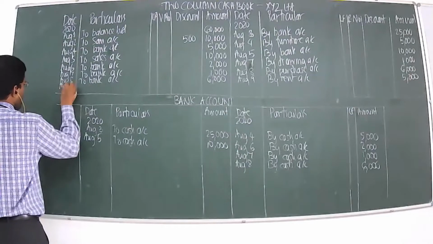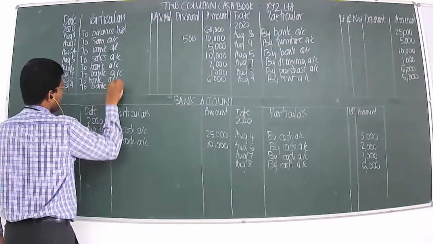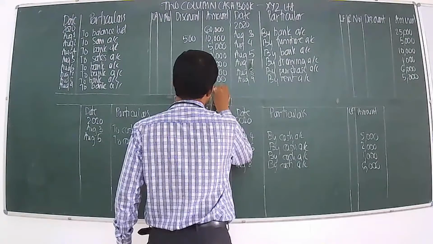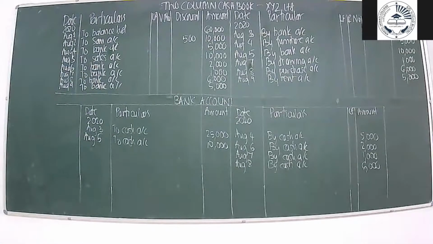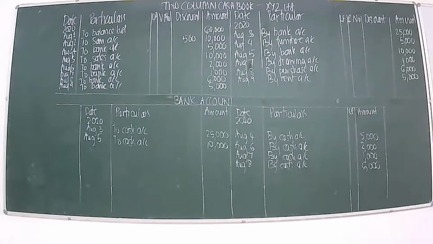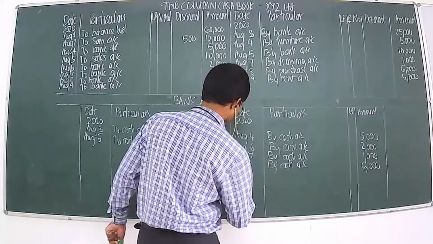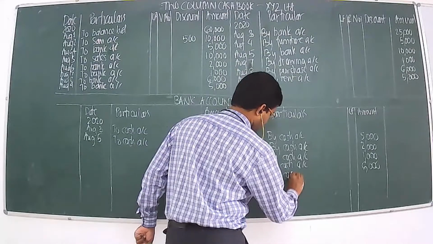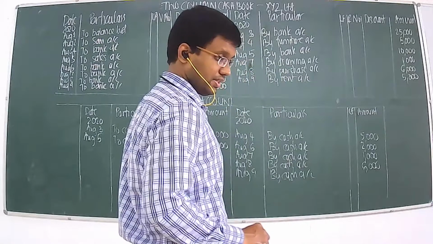Here, August 9th to bank account, amount is 5,000. And then August 9th by cash account, amount is 5,000.